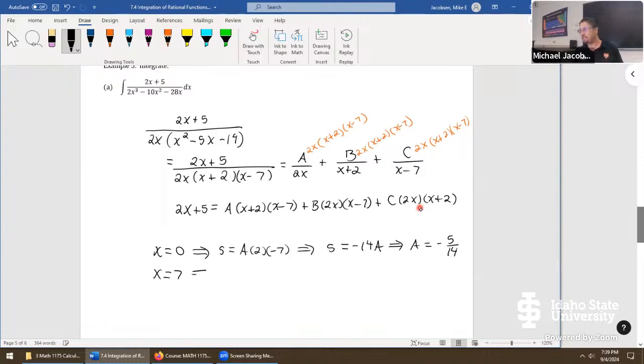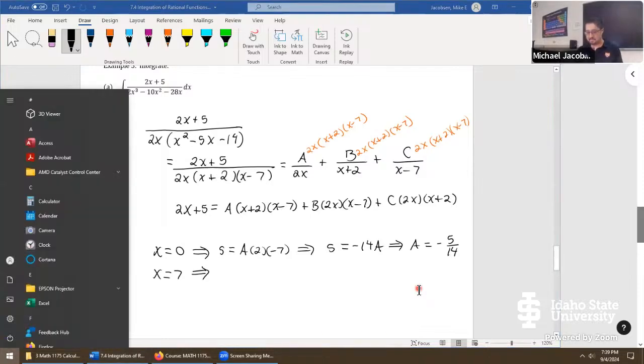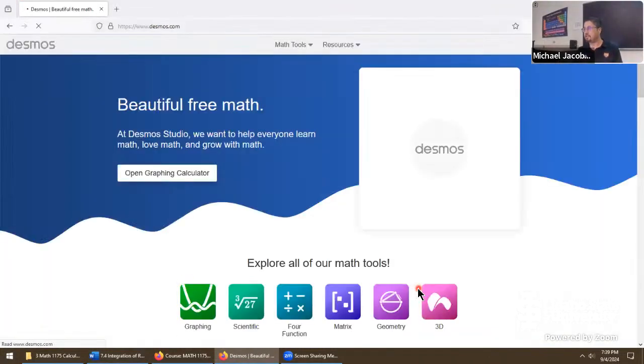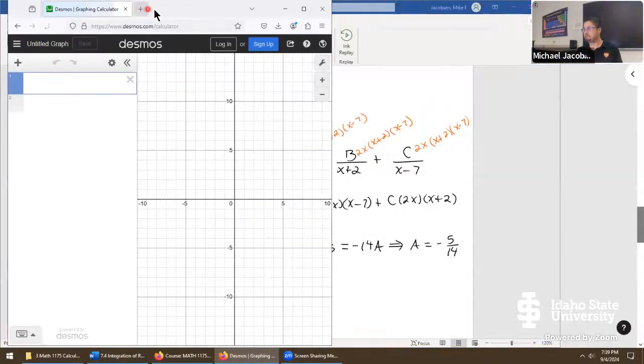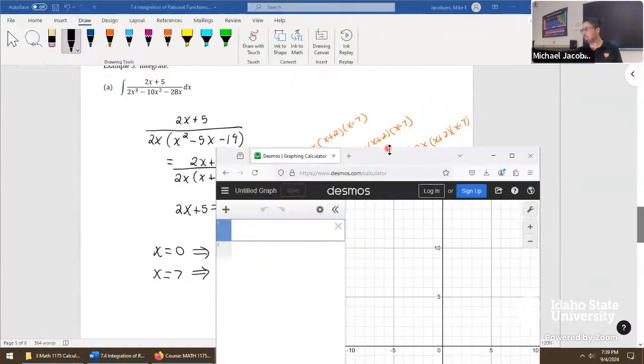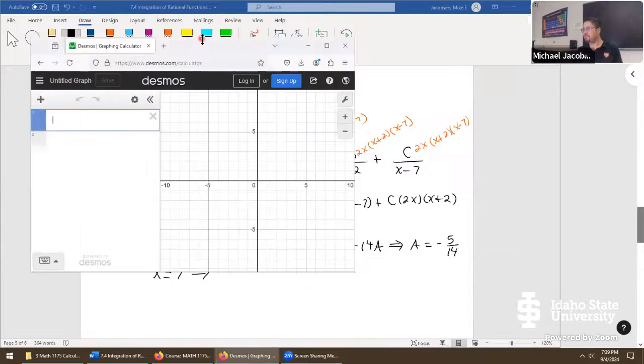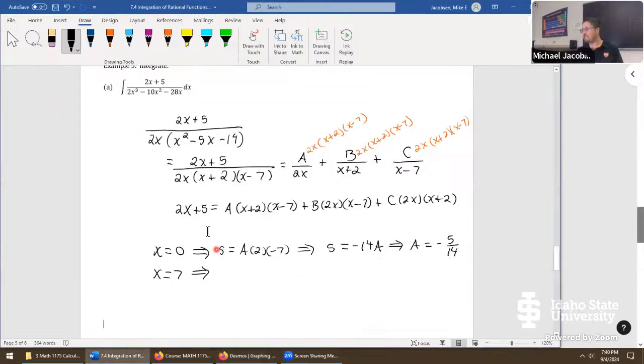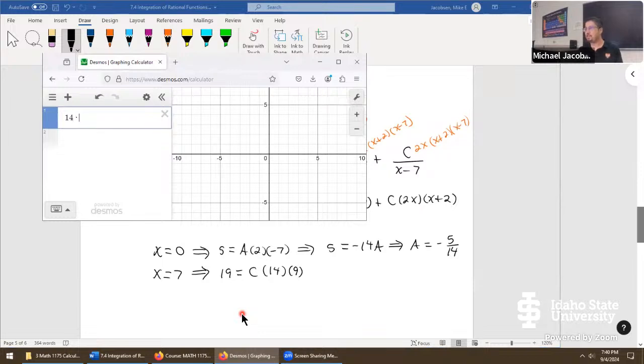So let's say x is 7. I'm starting to realize I need a calculator for this. Okay, so here's our support in case we need it. If x is 7, we're going to have 14 plus 5 on the left. That's not so bad, 19 equals. This term is gone, this term is gone, and here we're going to have c times 14 times 9, and let's treat ourselves to a quick computation.